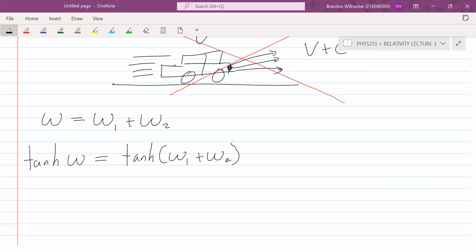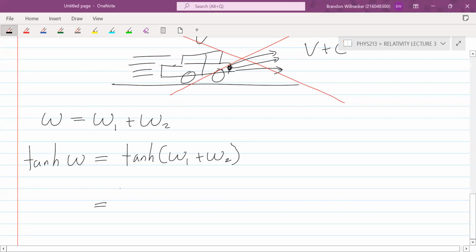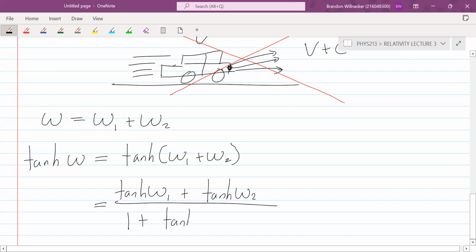Okay, now we want to write this in terms of velocities, so we need to use this addition identity for the hyperbolic tangent. So this is given by the hyperbolic tangent of omega-1 plus the hyperbolic tangent of omega-2 divided by 1 plus the hyperbolic tangent of omega-1 times the hyperbolic tangent of omega-2.